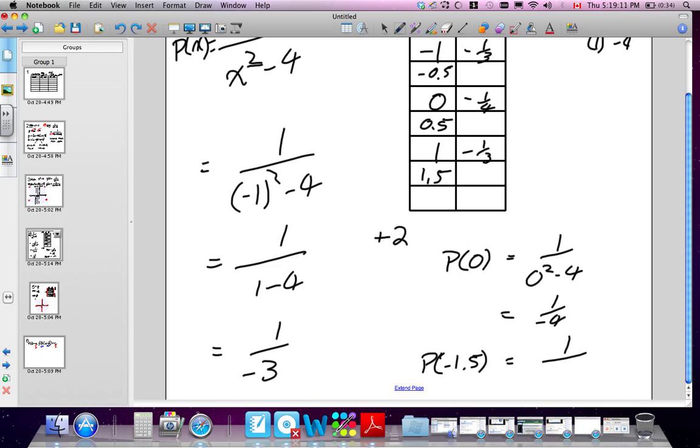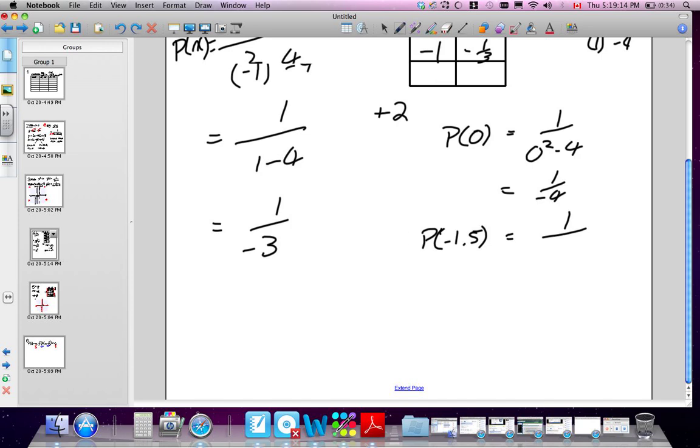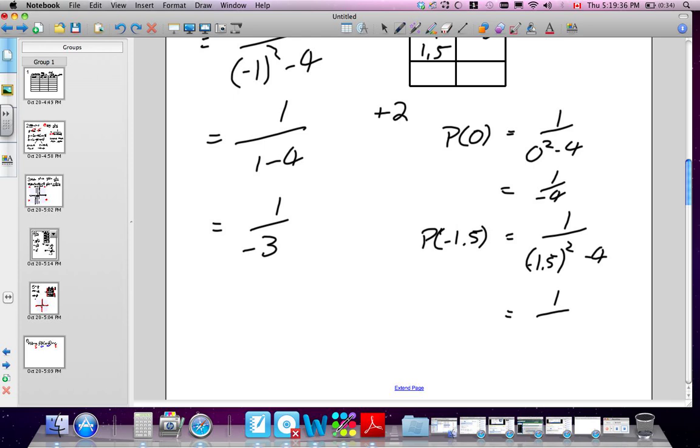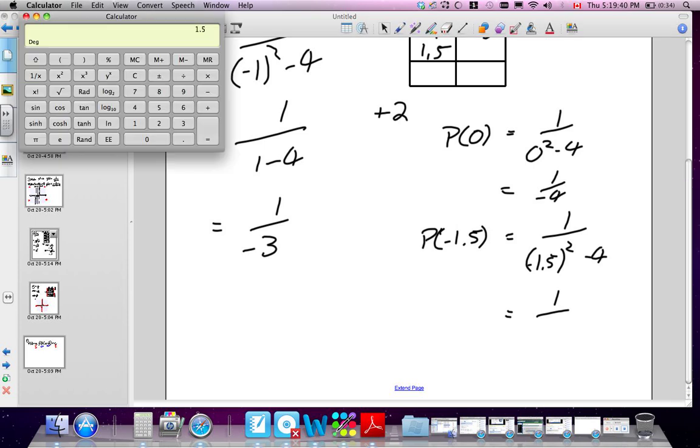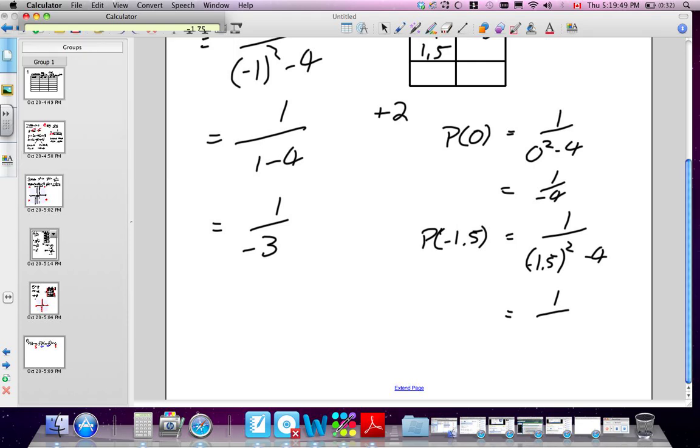We're going to show you, but first I want to show you what the functions technically look like. 1.5 squared minus 4, what's that give us? 1.5 squared is 2.25, minus 4 is -1.75. So we get 1 divided by -1.75.